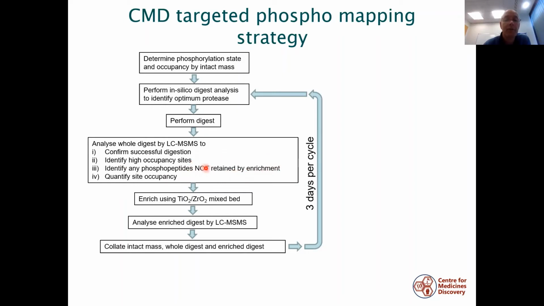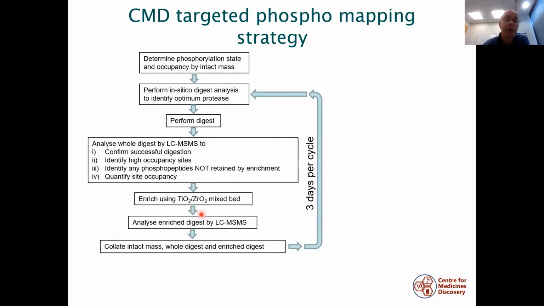We haven't done the enrichment yet, but this is to capture peptides that we would miss in the enriched digest. Also, because we haven't done any enrichment, we can quantify the site occupancy at this stage. Once we've done the enrichment, quantitation then becomes no longer possible.